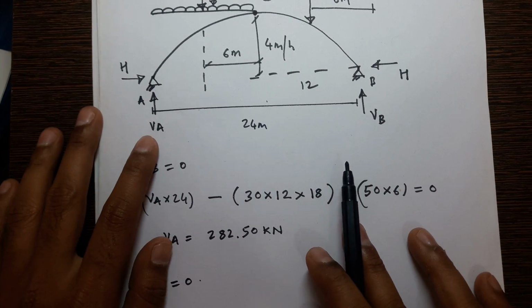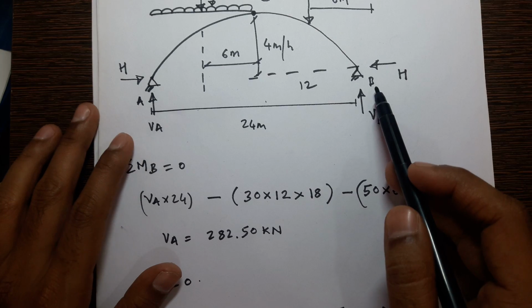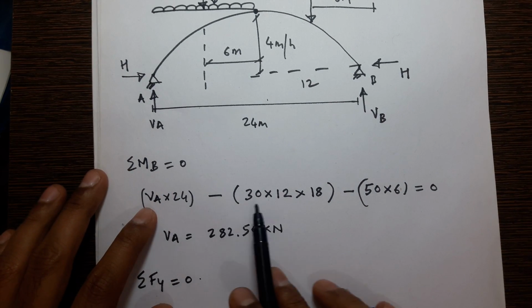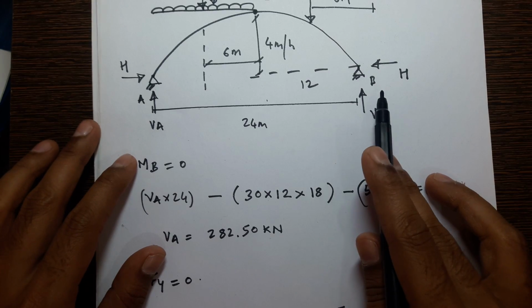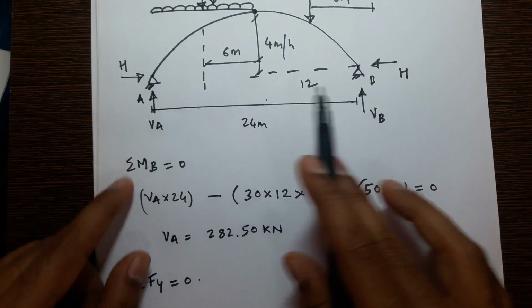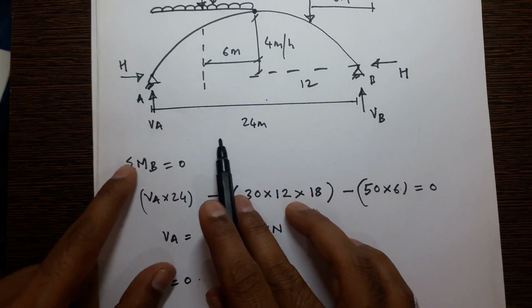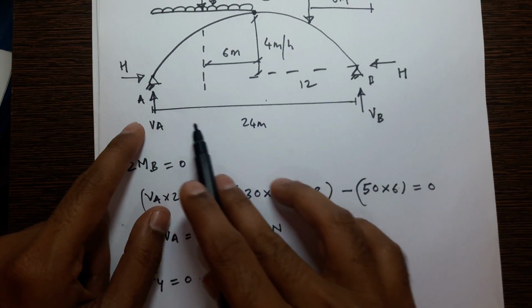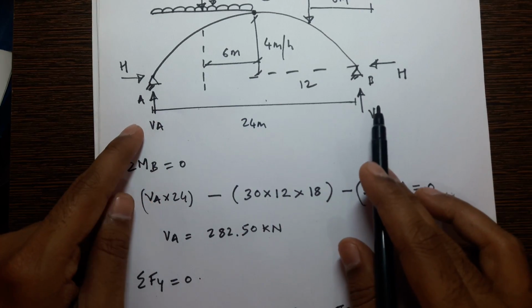In order to find VA we take moment about B equal to 0. Now you make an equation here, taking moment about B from A to B, considering all the forces from A to B. VA into 24, VA's perpendicular distance from B is 24, and this creates clockwise moment.